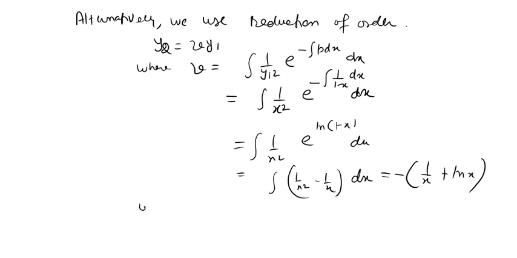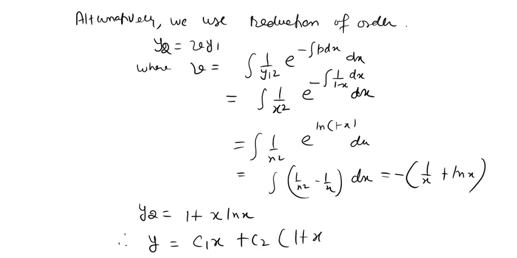On integrating you have minus 1 by x plus log of x. So y2 is v y1, so just multiply with x, and you get 1 plus x log x. You can neglect the negative sign, that can be adjusted with a constant. So the general solution is y equal to some constant c1 x plus c2 (1 plus x log of x).